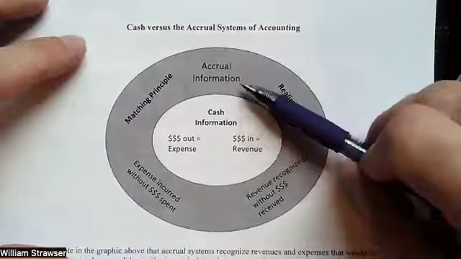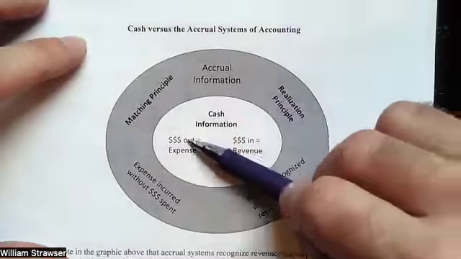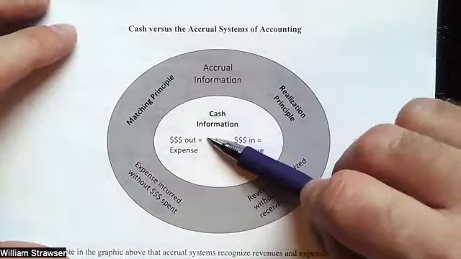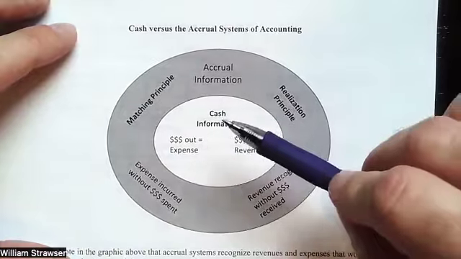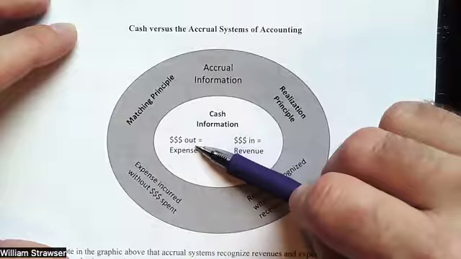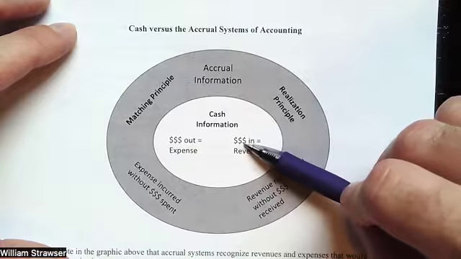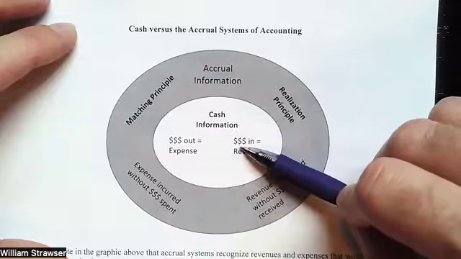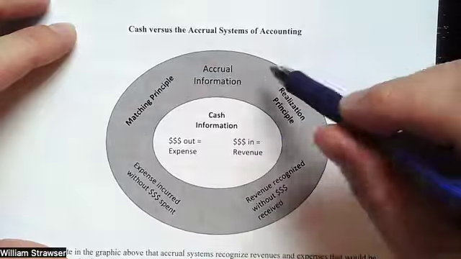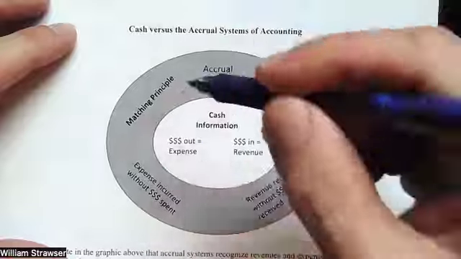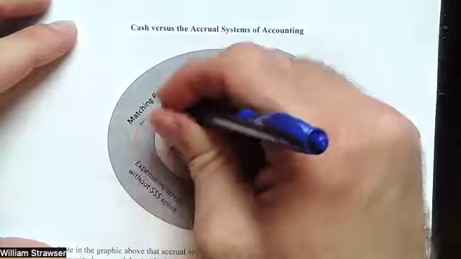Now, the accrual system does recognize some instances when cash is paid as an expense, and in some instances, when we receive cash, we record a revenue. But the accrual system relies on the matching principle.